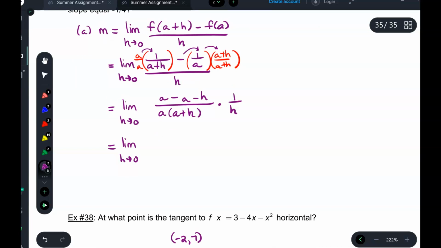So we have the limit as h approaches 0. A minus a is going to cancel. What else do we notice? We have a negative h and an h. That's going to cancel and result in just a negative 1 in the numerator. So we'll have negative 1 over a times a plus h. Now we can evaluate. As the limit as h approaches 0, we will have negative 1 over a squared.